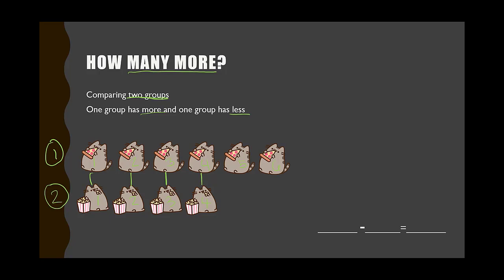And so I know that the number 6 is bigger than the number 4. And I can see that my group of 6 cats eating pizza has more cats.